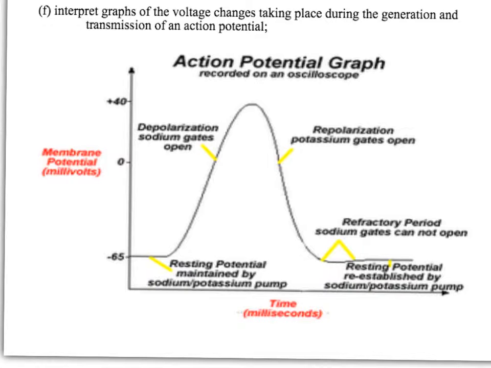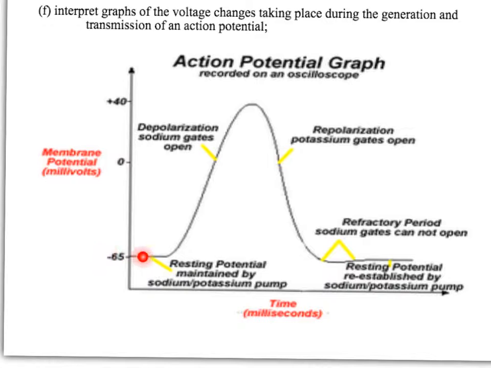So what happens is that at resting potential, which is about, let's say, minus 65 millivolts, there could be a stimulus which causes a leakage of sodium ions, and once we reach a point of, let's say, minus 55 or minus 50 millivolts, which we call threshold potential, these voltage-gated sodium ion channels open, sodium ions rush in, and the inside of the cell becomes much more positively charged until it reaches about plus 40 millivolts, which is termed action potential.